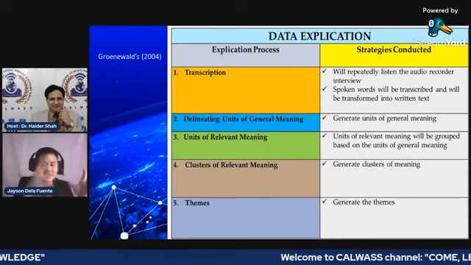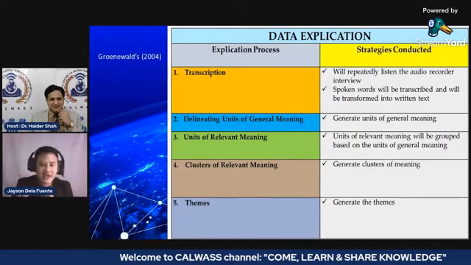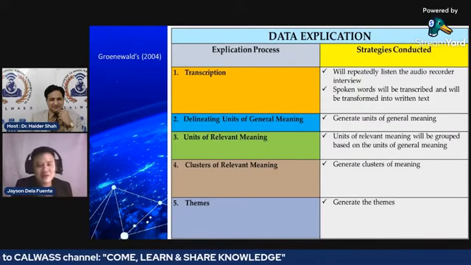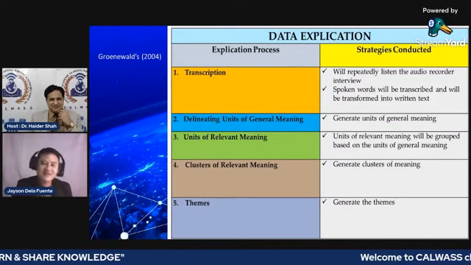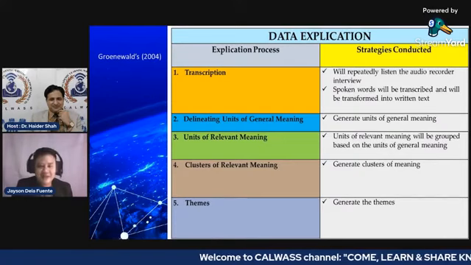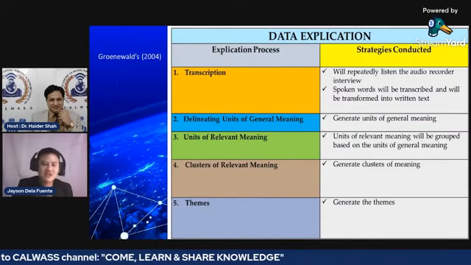From the clusters, you can analyze it, forming your themes. So this is the beauty of Grunwald's data explication process. He has only 5 processes. Very easy. Transcription, delineating units of general meaning, units of relevant meaning, clusters of relevant meaning, and the last one, you can generate your themes.